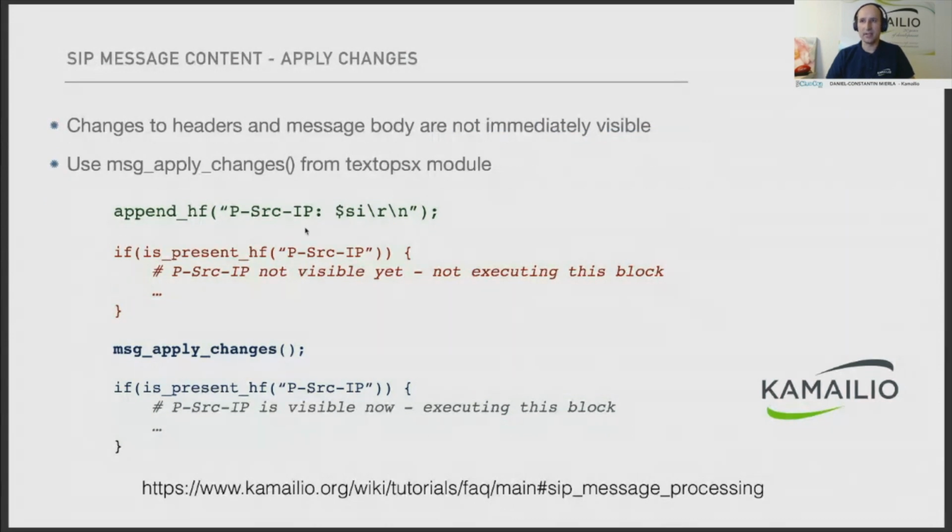I added a header, I test if it's present, but because it's not yet visible, this condition, if it's present header field P-Source-IP, will not execute inside the true branch. After applying the changes, then doing this is_present_hf condition will return true, and you can have the true branch executed. So you have a link here to our FAQ giving you more details and explanation about this. So this is a specific characteristic of Kamailio, and you have to be careful and be aware of that.